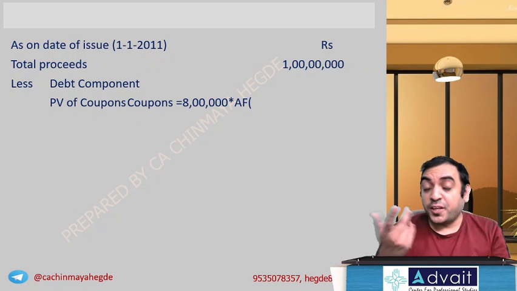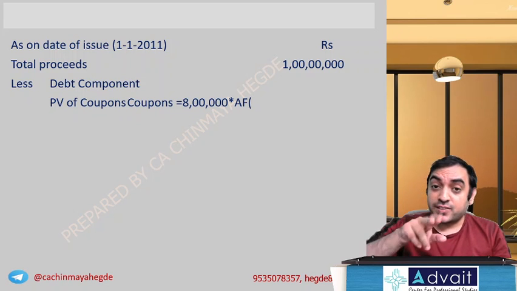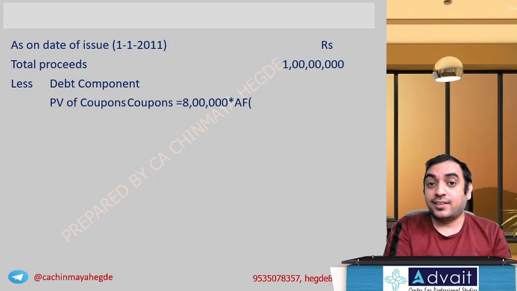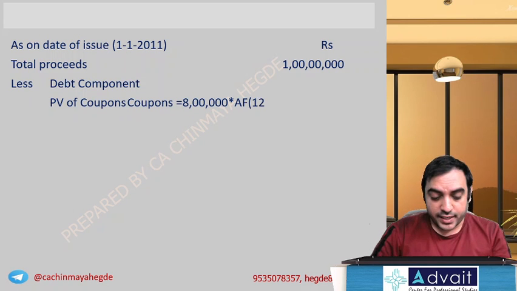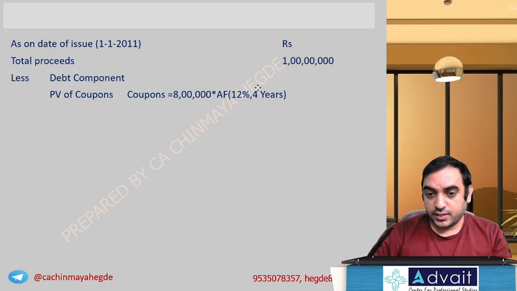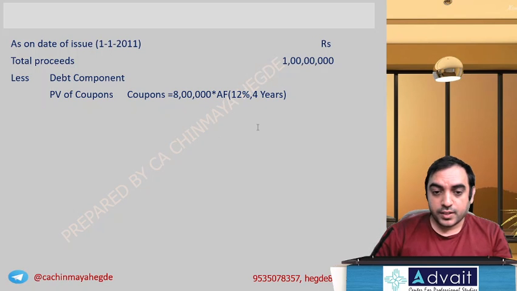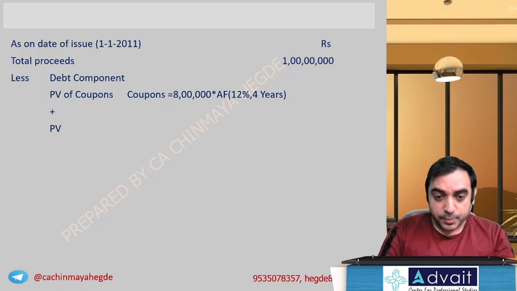But while taking the annuity factor, which one are you going to use? The discounting rate will be from the point of view of a person not having a conversion option. That is the non-convertible bonds' coupon rate, 12% for 4 years. Plus the present value of the redemption price.